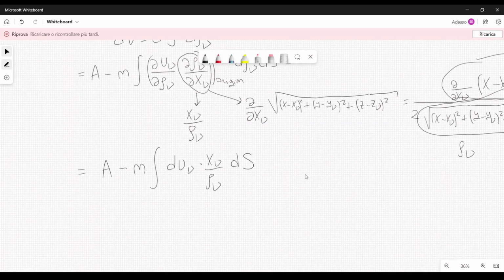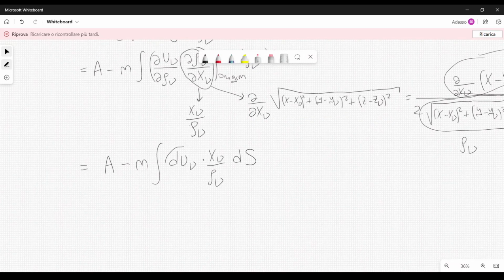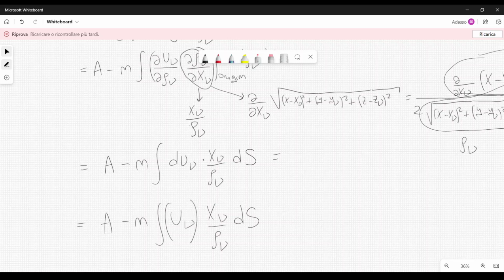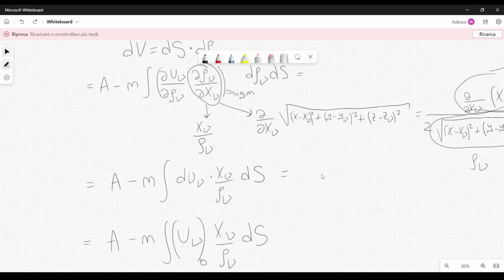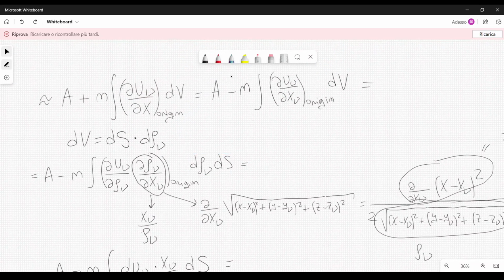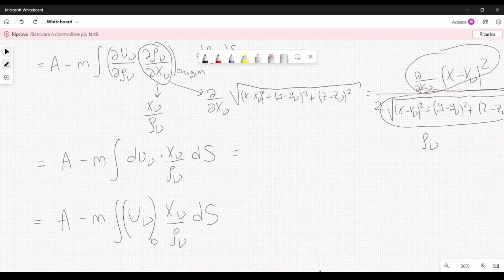And after I integrate first over this velocity here, I can write this integral as a minus n integral u nu x nu over rho nu times ds. And we have to evaluate this velocity here at the origin. These last steps can be motivated more rigorously. So we started here from this integral, and we reached this point. So that integral was proved to be equal to this one.